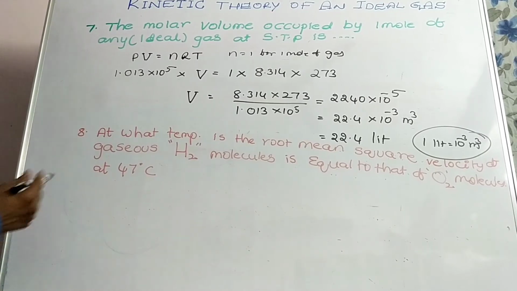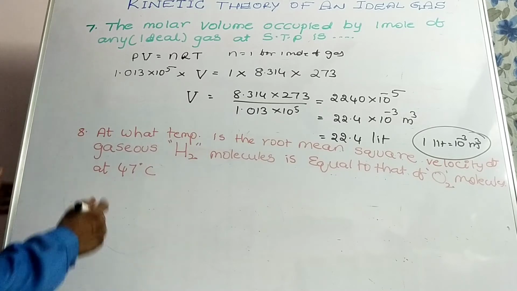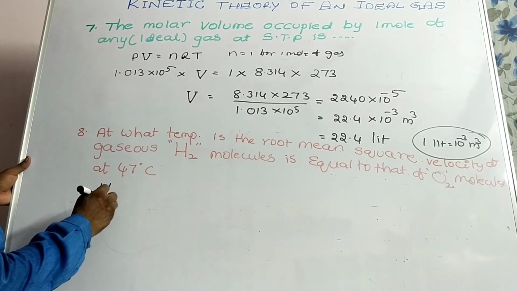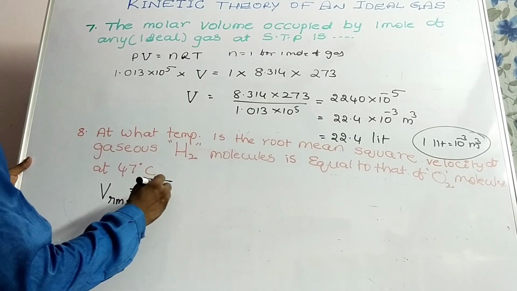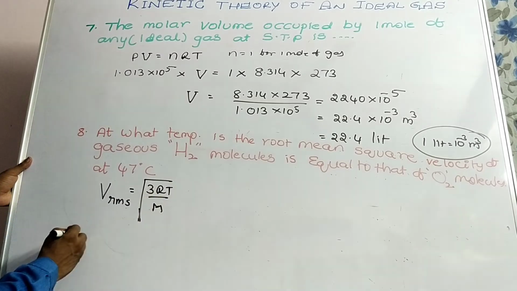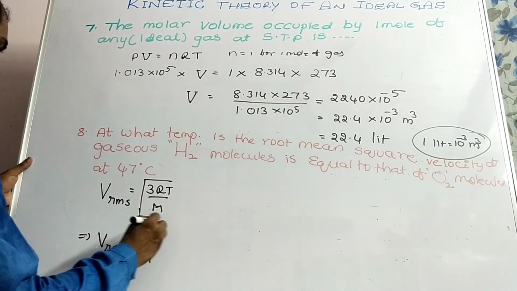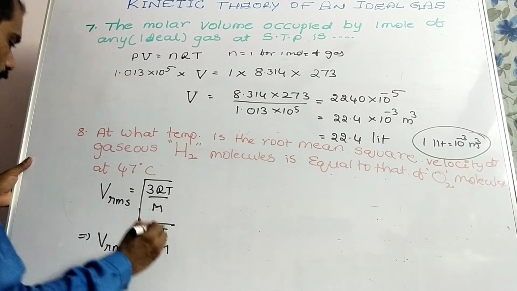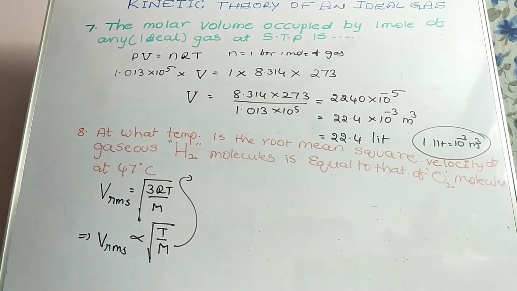VRMS. At what temperature is the root mean square velocity of gaseous hydrogen molecules equal to that of oxygen molecules at 47 degrees Celsius? RMS velocity VRMS is equal to root of 3RT by M. That implies VRMS is directly proportional to root of T by M. Here we are provided with two gases, hydrogen gas and oxygen gas.